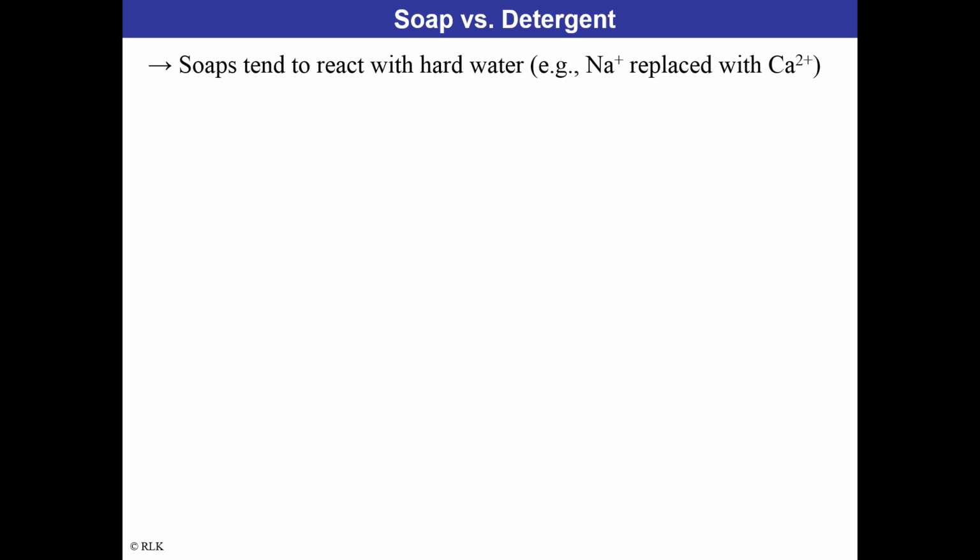Well, soaps tend to react with hard water, right? For instance, sodium ions are typically replaced with calcium ions if your water is hard and it hasn't been softened, okay? Calcium and magnesium are two of the most common, quote unquote, hard ions that are inherently found in water supplies, whether that's well water, artisanal springs that pop up, or community water.